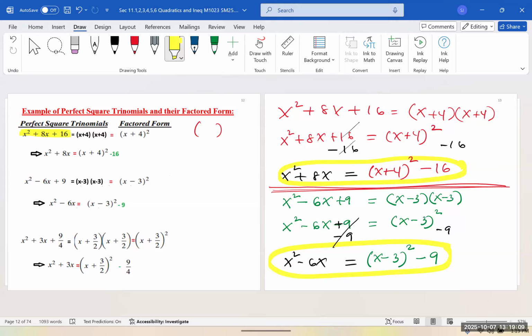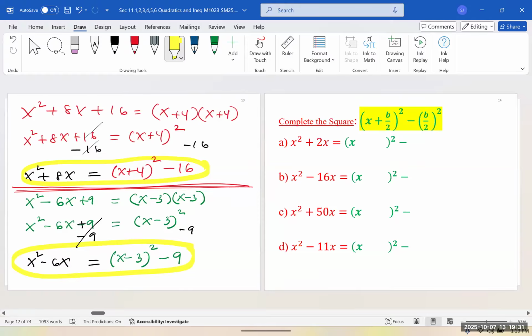Your sign inside may be plus or minus, but you're still subtracting. So how do you complete the square? You take x plus or minus half of b, squared, and then subtract half of b squared.